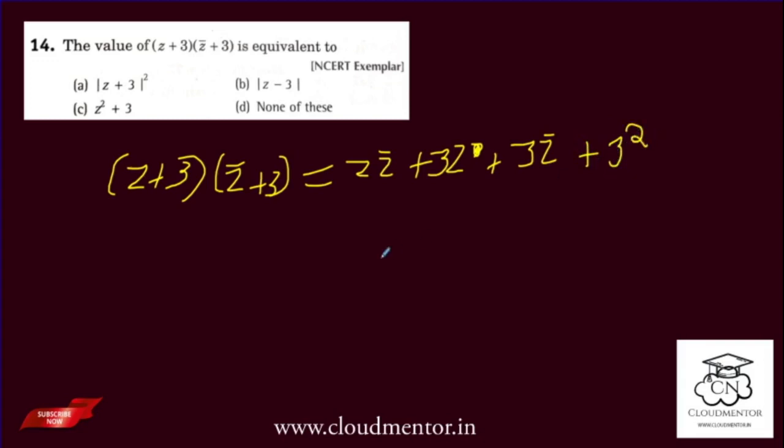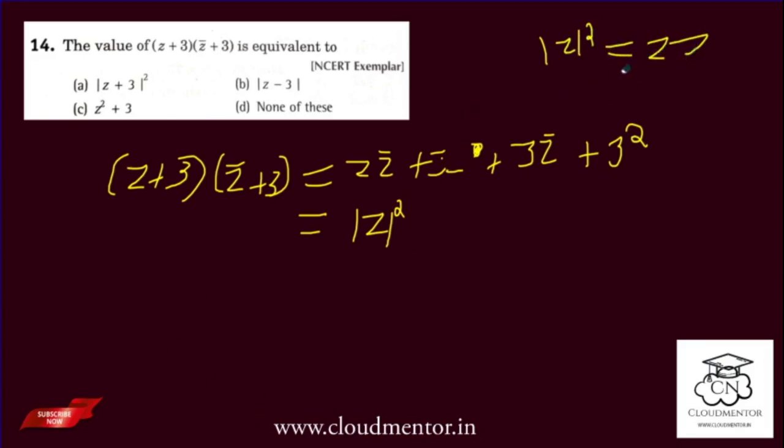And that is z z bar, which is modulus of z square. It is a property that modulus of z square is equal to z z bar.